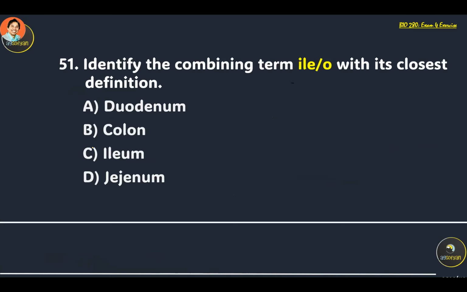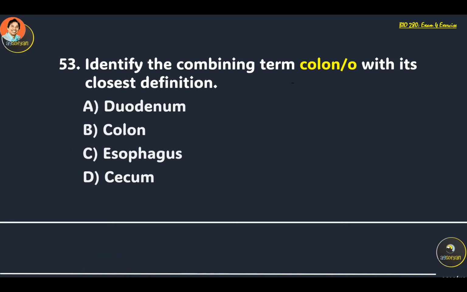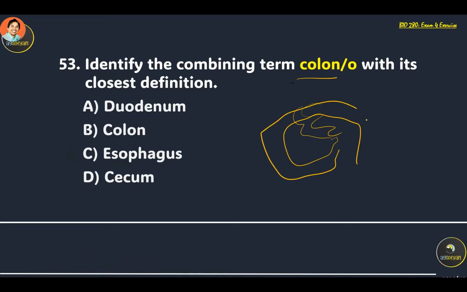Ileum or ileo, that's easy. Jejuno, which is the jejunum, the second part or the middle part of the small intestine. Colon, okay, what is colon? So after the small intestine, it becomes what we call the large intestine. The large intestine also has 3 parts.